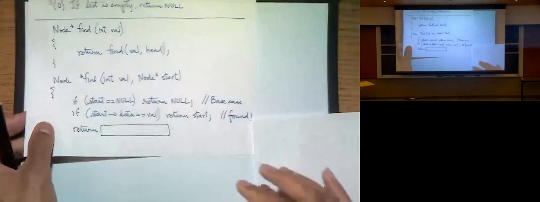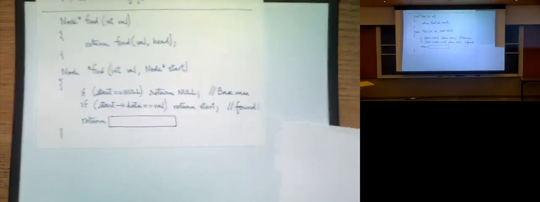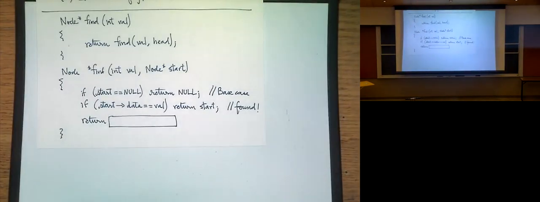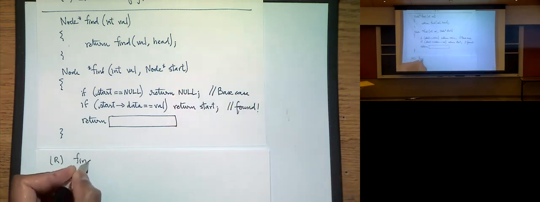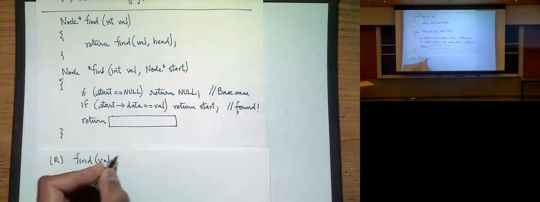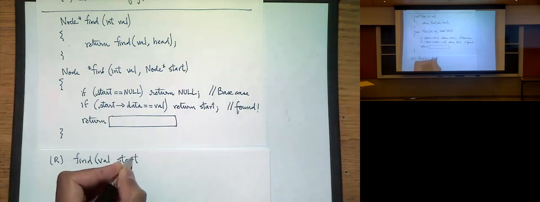So far, does this make sense? So what I've hidden is actually the real part, which is the recursive call. I'm giving you three options for what goes over there. Do I return find val of start?